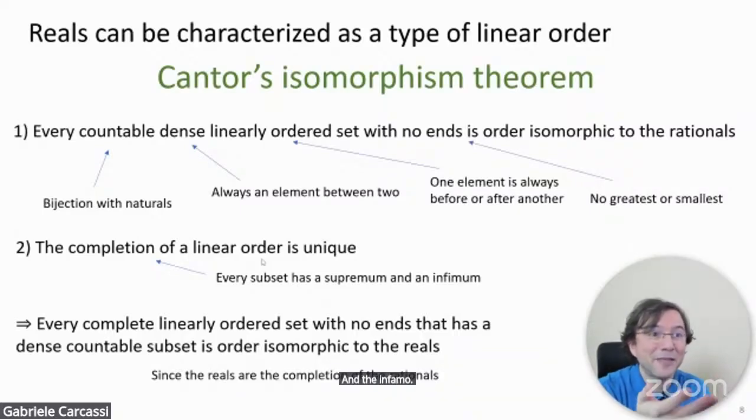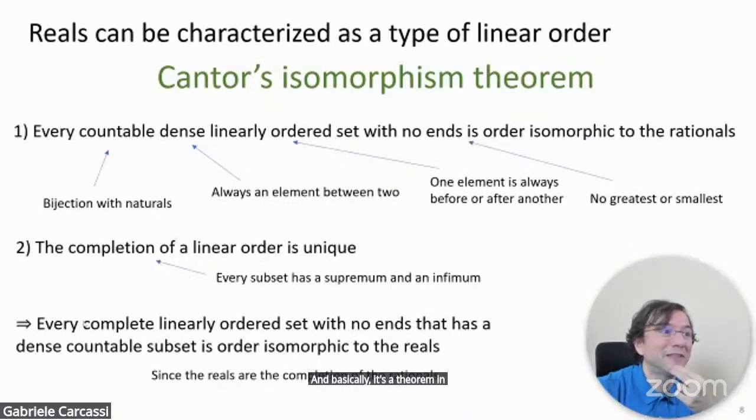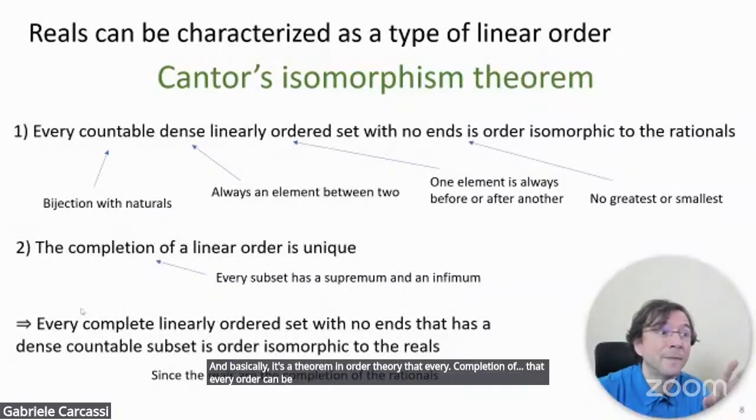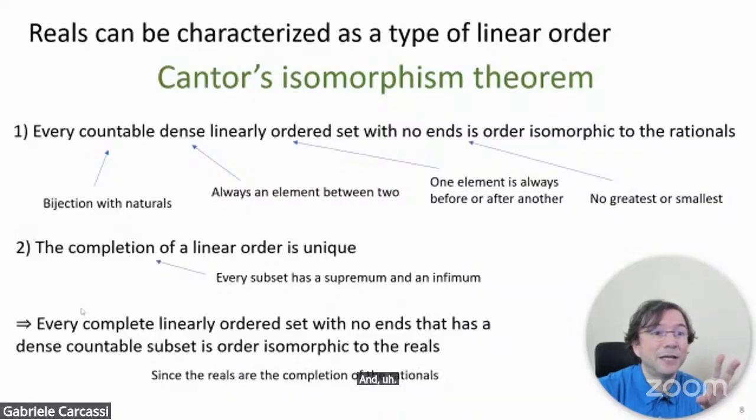And basically, it's a theorem in order theory that every order can be completed, and every completion is unique. Therefore, the reals are the completion of the rationals.